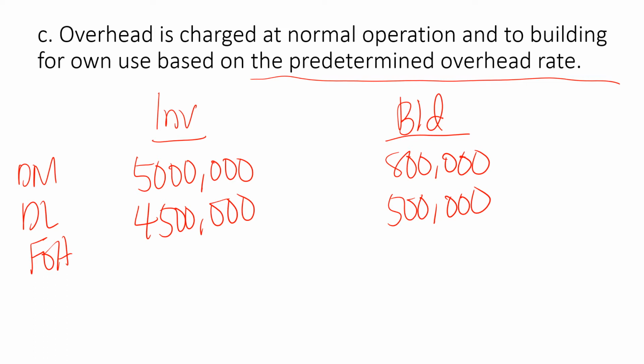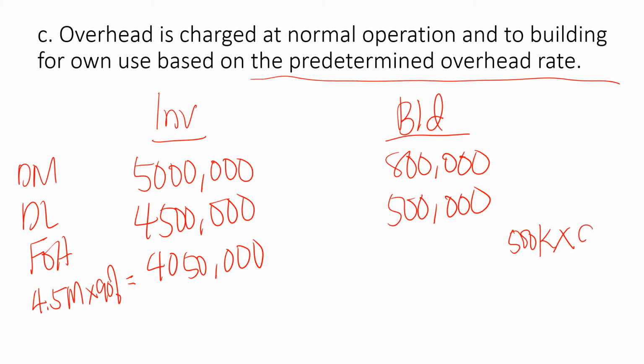So, remember, ang predetermined overhead rate is 90% ng direct labor cost. So, for our inventory, this is 4.5 million. Multiply natin ng 90%. So, lalabas yung 4,050,000.